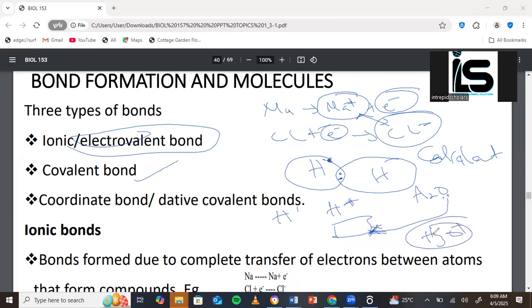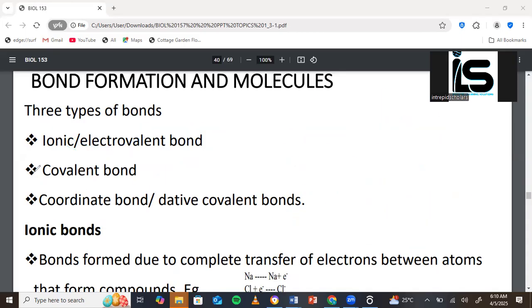This is how that compound is formed, by coordinate covalent bond. This type of sharing is an unequal sharing, because one of the species will bring two electrons and the other one will bring an empty orbital. It is different from the normal covalent bond, where each of them contributes an electron to be shared. So that is the explanation for that.